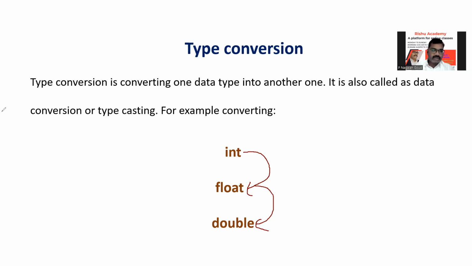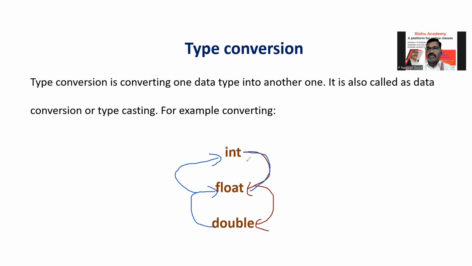Second category, I want to convert a double variable into a float variable into an integer variable. Look at this. Forward direction, backward direction. Here, converting an integer variable into a float variable.